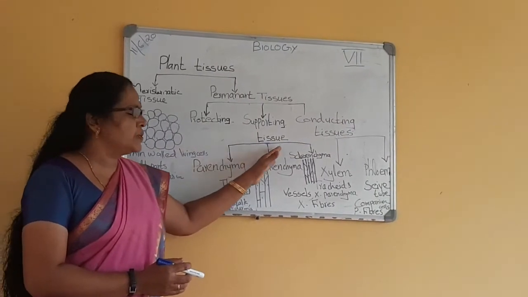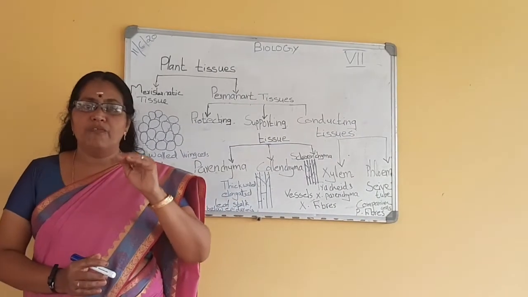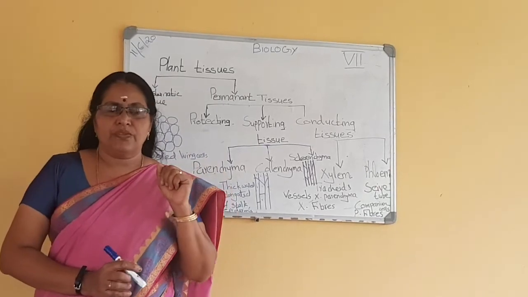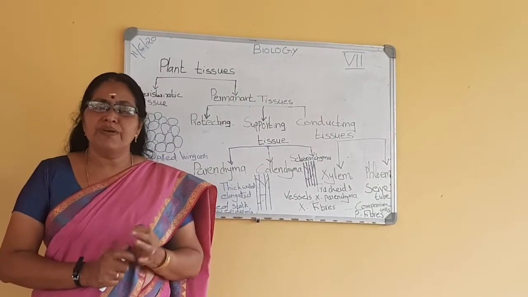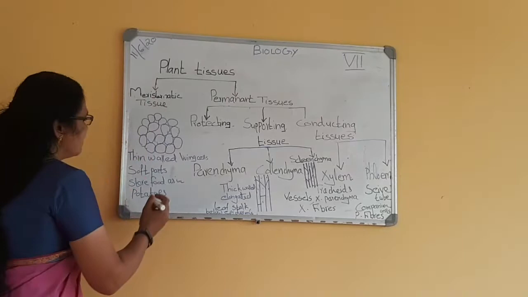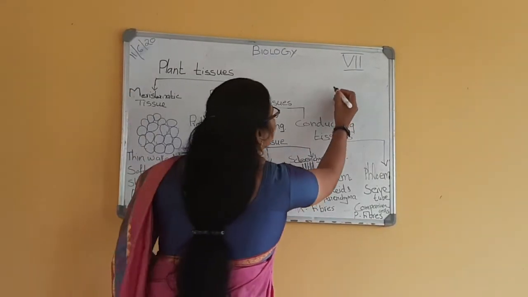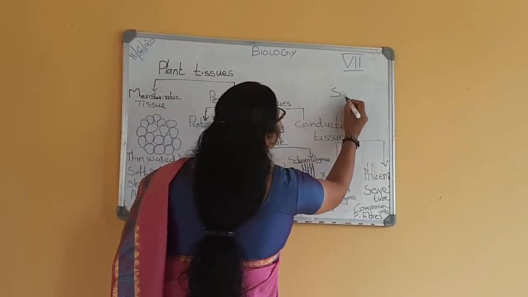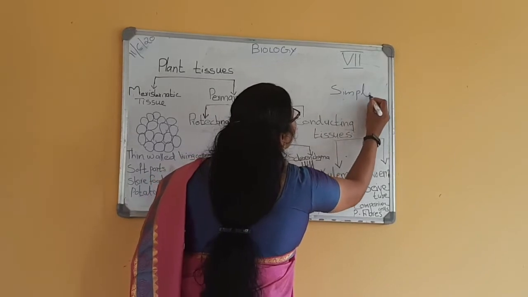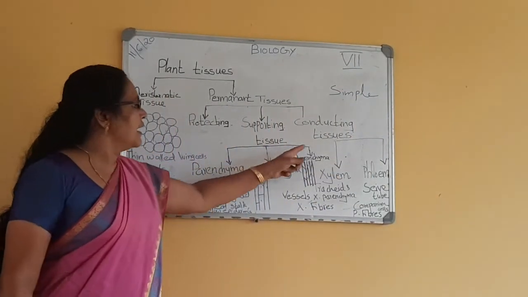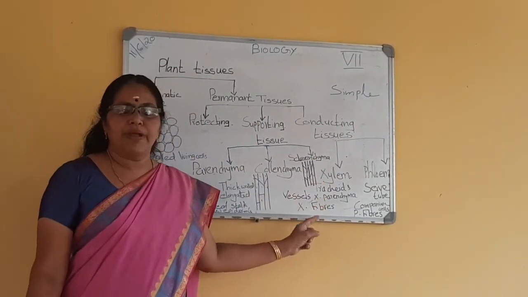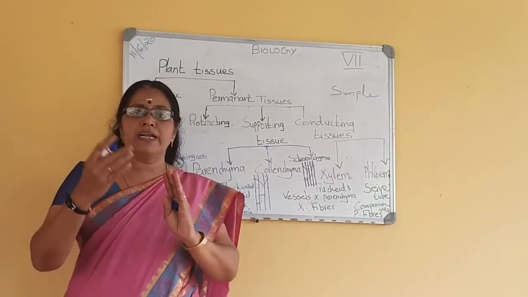the protecting tissues and supporting tissues are made up of only one type of cells. So they are called simple permanent tissues. And here the conducting tissues are made up of more than one type of cells.